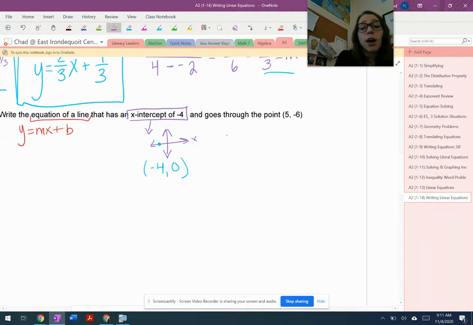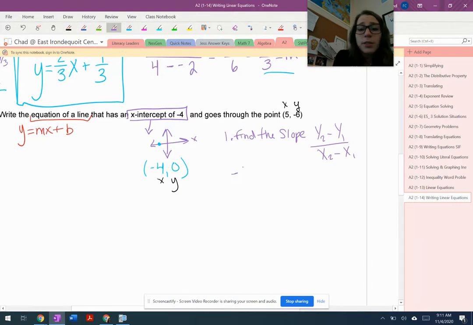So I'm going to start off with step number 1, and I'm going to find the slope. Just like I did in the first example, I'm going to use y2 minus y1 over x2 minus x1. So x, y, and let's go.